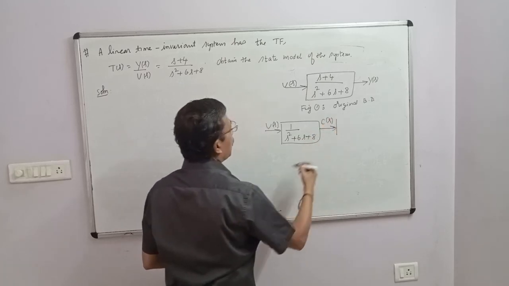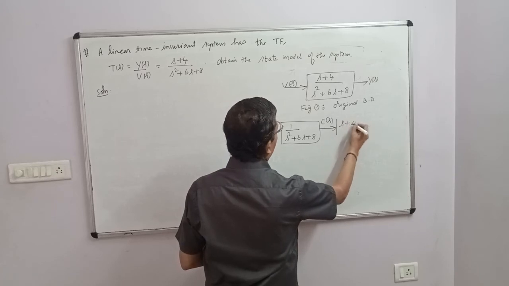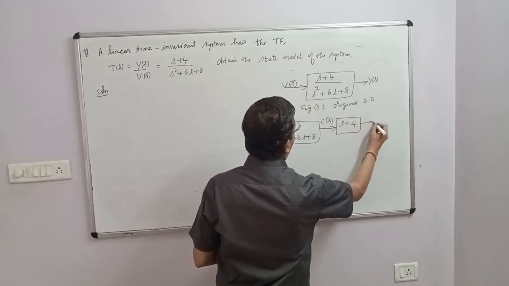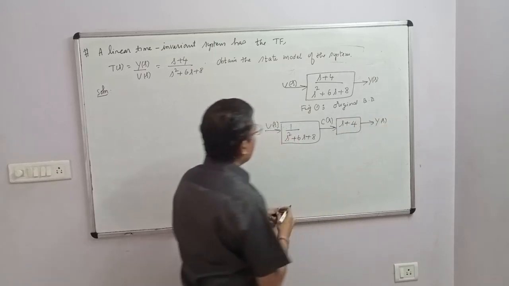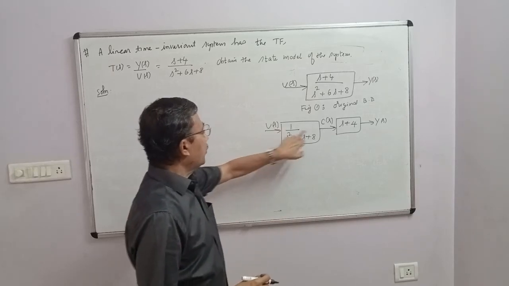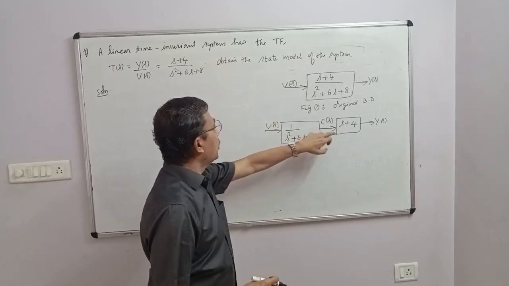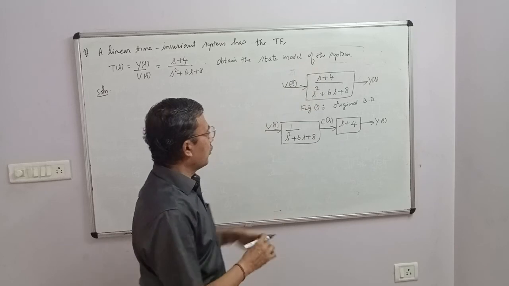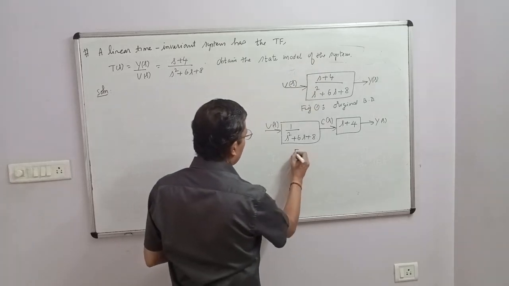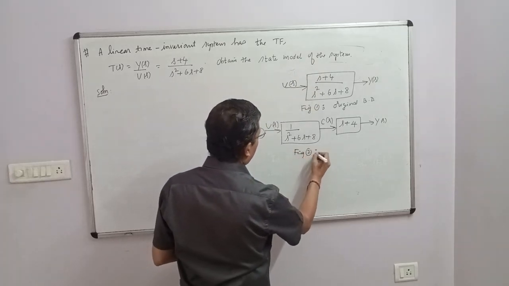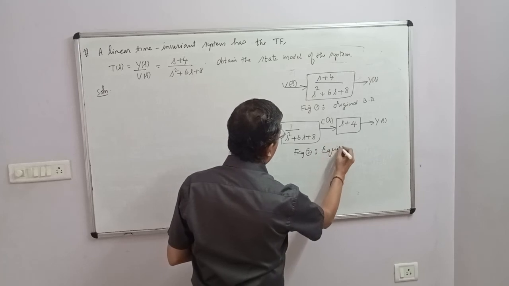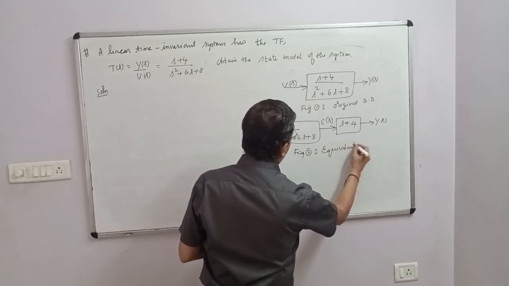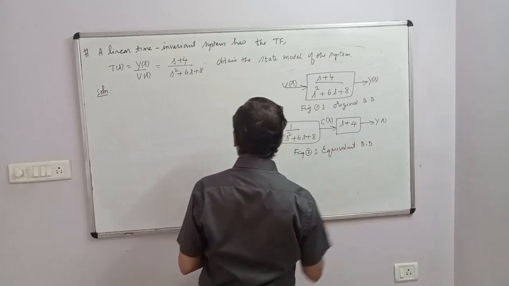C of s is made input to the next block, which has got the transfer function s plus 4. Output is y of s. If you call this G1 and this G2, G1 G2 gives you this transfer function. This is figure 2. Figure 2 represents the equivalent block diagram.